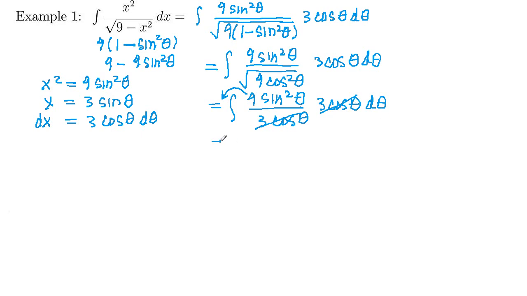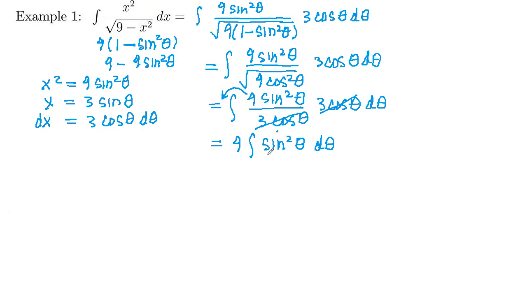So this is equal to 9 times the integral of sine squared theta d theta. So we changed it into a trig integral, and we know how to do trig integrals from the last section. Notice it's a trig integral, but no more square roots in here. And that's what was giving us trouble, because we couldn't just use the u substitution since we had x squared on top and not x.